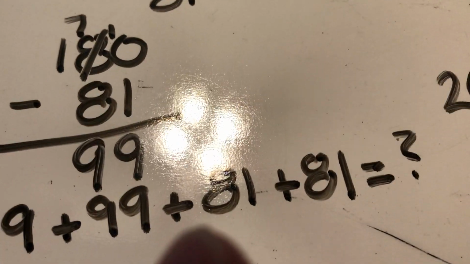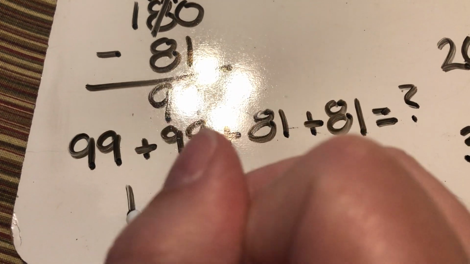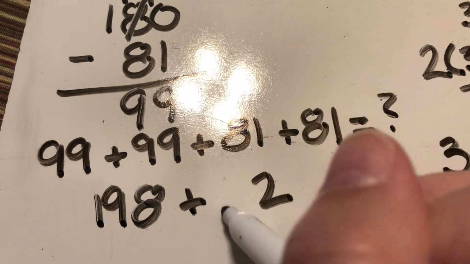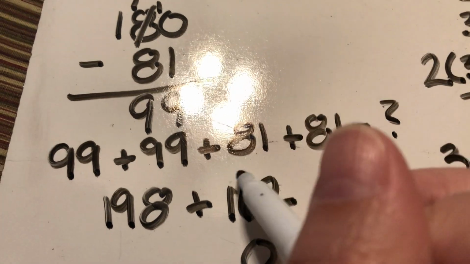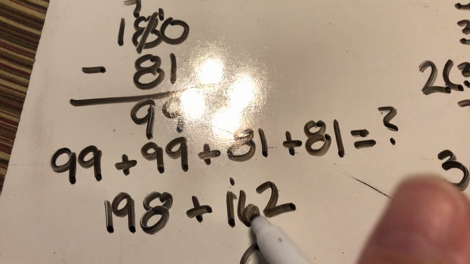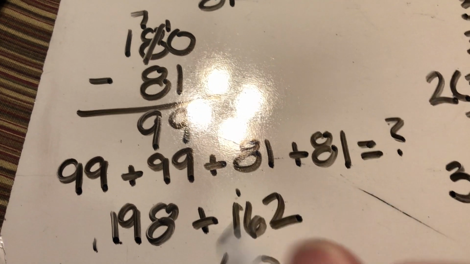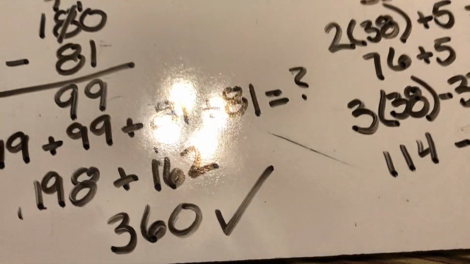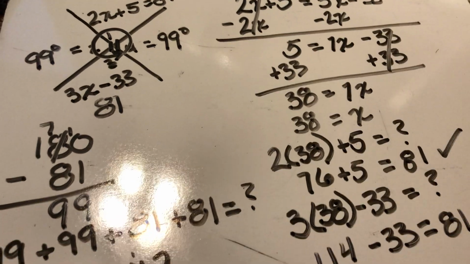So 9 plus 9 is 18. 18 plus 1 is 19. 1 plus 1 is 2. 8 plus 8 is 16. Then I get 8 plus 2 is 10. 9 plus 1 is 10, plus 6 is 16. And then 1 plus 1 plus 1 is 3. So that is correct. A lot of different steps, but you just go one step at a time. It's not that difficult.